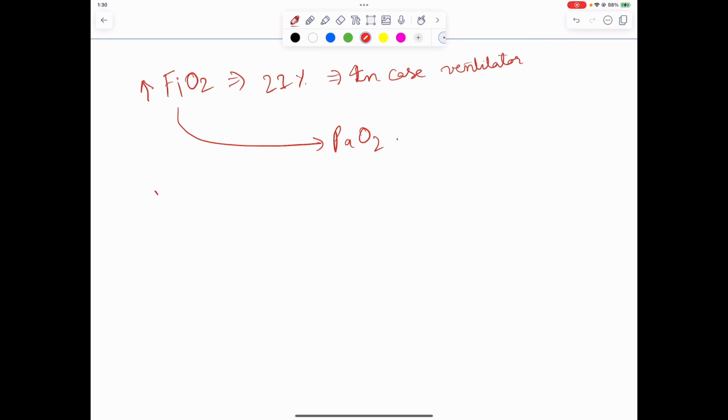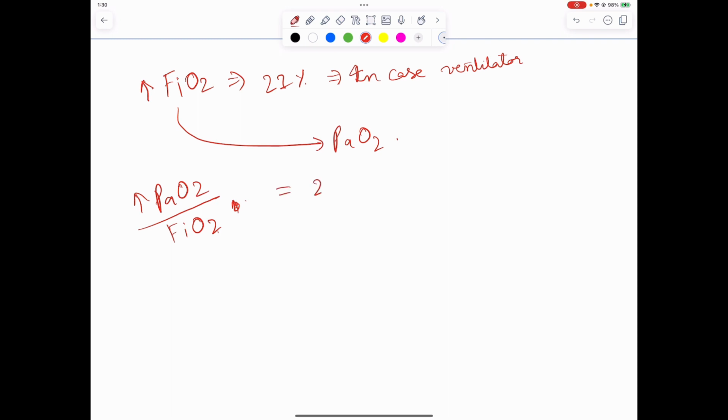So remember the PaO2 upon FiO2 ratio. Just remember that if the fraction of inspired oxygen is not much more, but the partial pressure of the oxygen is a lot more, that means the system is working highly efficiently.